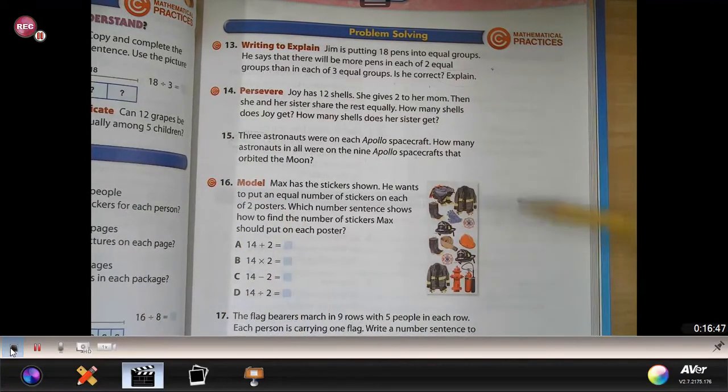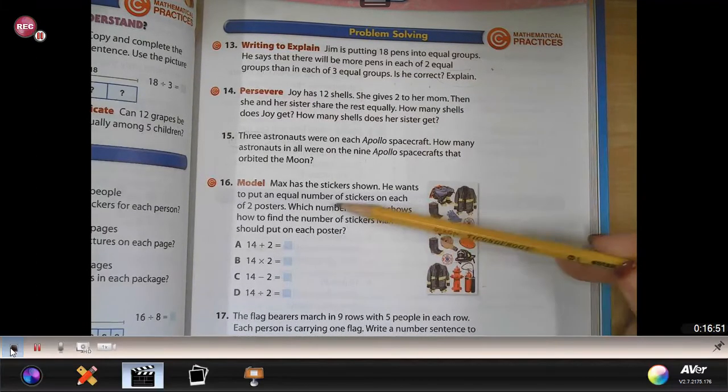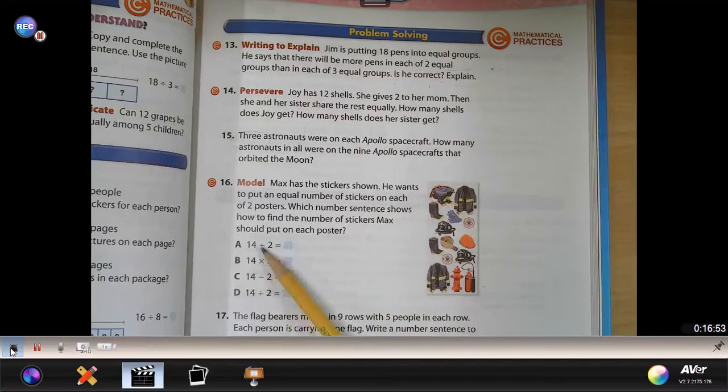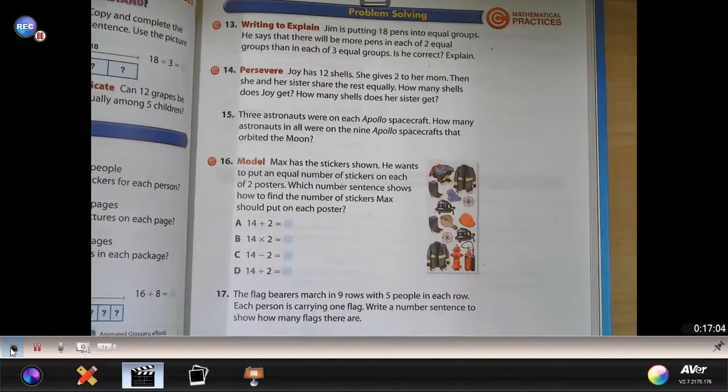And finally, if you look at this model here, it's asking you to choose which of these equations is going to match using the number of stickers. And you also have for number 17, the flag bearers march in 9 rows with 5 people in each row. Each person is carrying 1 flag. Write a number sentence to show how many flags there are.